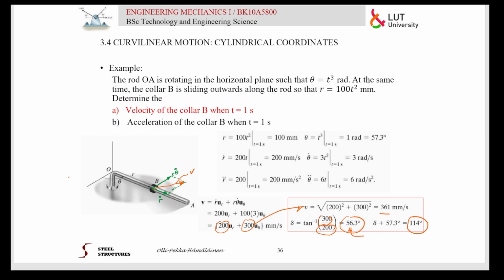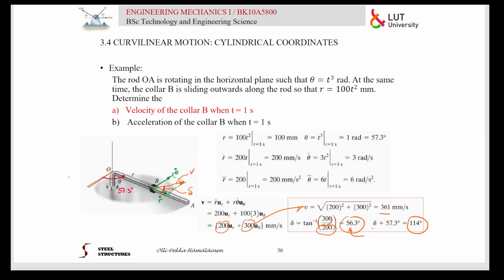When I calculate the orientation of this resultant vector v, I used this term here as adjacent side, and this term here as opposite side, meaning that this angle sigma here is this one here. But our reference system starts from this axis here. So I have to add the initial angle that I'm having, which is 57.3, and add this small angle that I have just calculated.